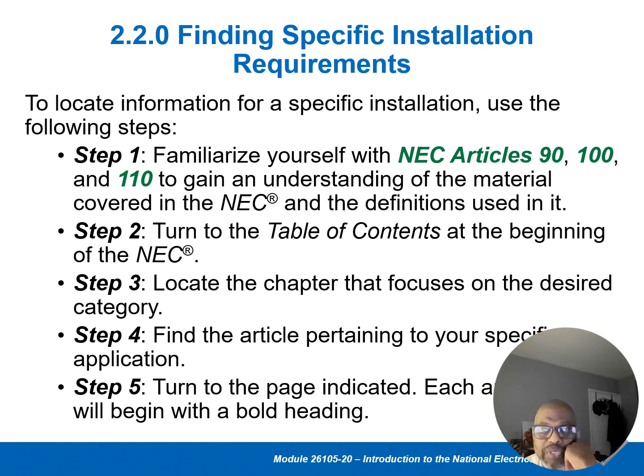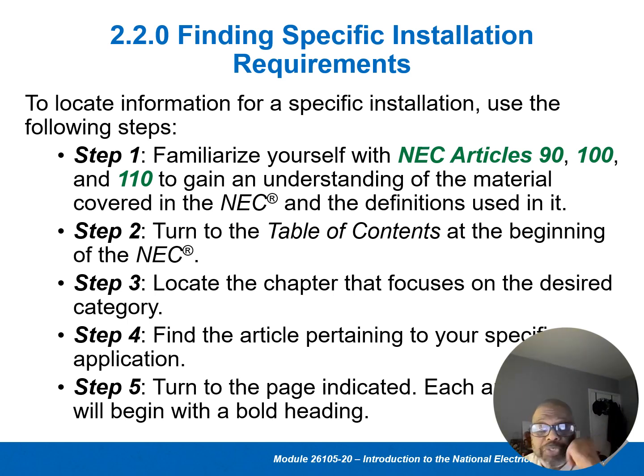So again, finding specific installation requirements. To locate information for a specific installation, use the following steps. Step 1, familiarize yourself with NEC Articles 90, 100, and 110 to gain an understanding of the material covered in the NEC and the definitions used in it. Number 2, turn to the table of contents at the beginning of the NEC.